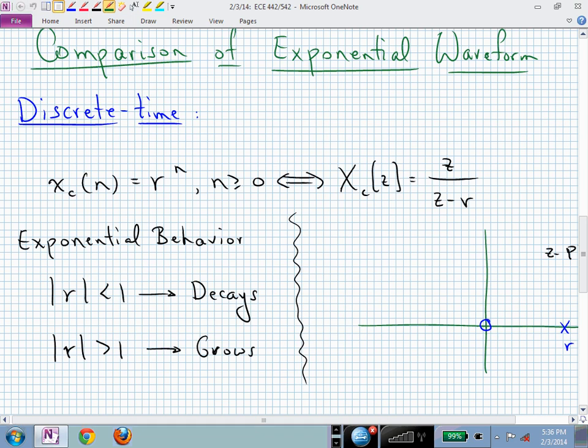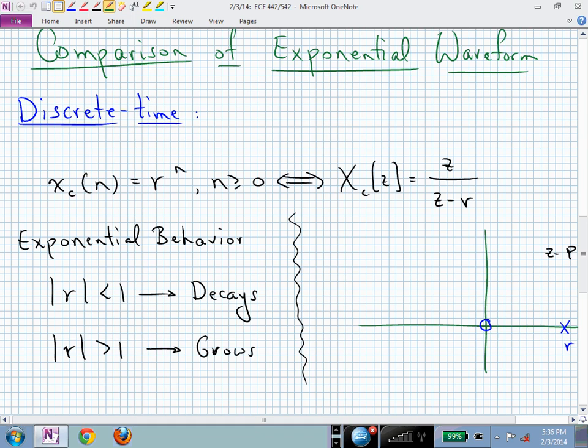That result is true whether r is less than 1 or bigger than 1. It didn't matter. The region of convergence is always outside of that, and that allows your z to make this product of r over z collapse, and that's why it's called the region of convergence, so that that sum is bounded.